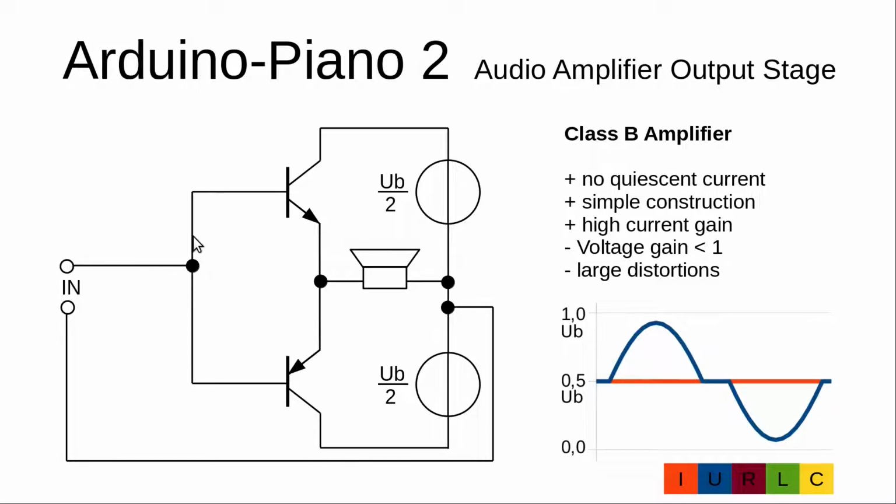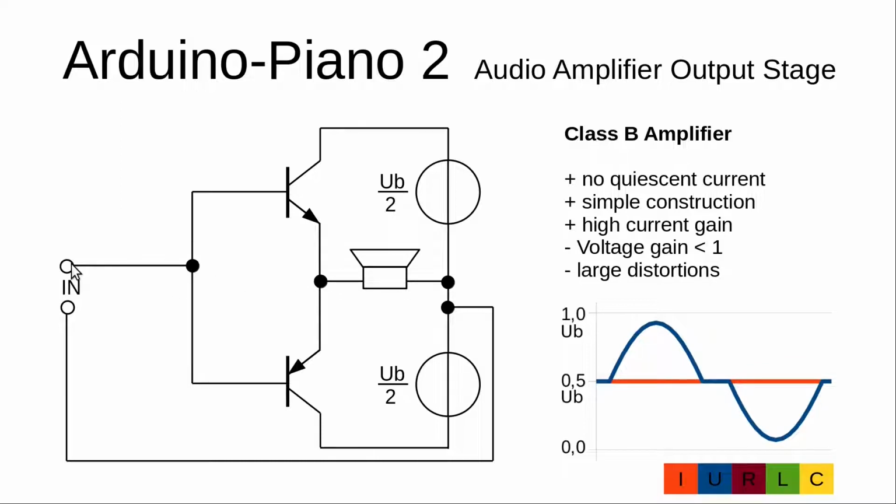If we increase the voltage to the level of 0.7 volt, this transistor will open and current will flow through the loudspeaker. Due to the fact that this emitter is always 0.7 volt below the base, the loudspeaker voltage will follow the input signal with a difference of 0.7 volts.